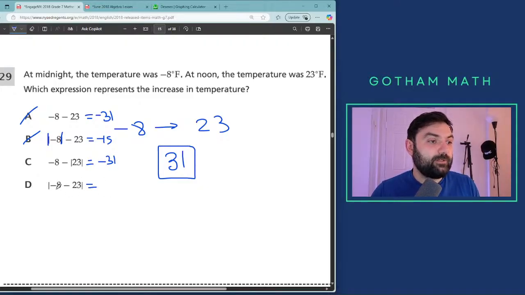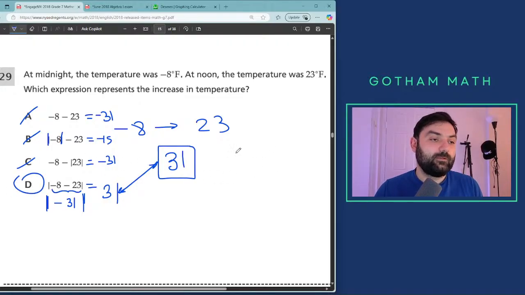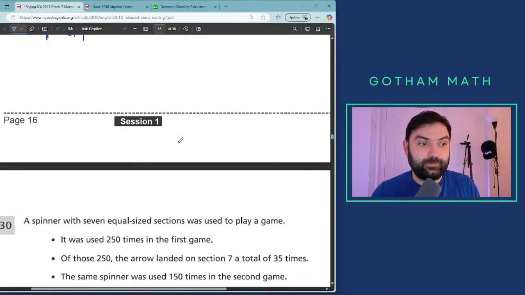And over here, it's going to be -8 minus 23. We have to count that first inside, which is -31, and absolute value brackets will make it +31. I'm connecting the same answers, and it's going to be D. Yeah, same strategy works. Why not, if we know how to do it?